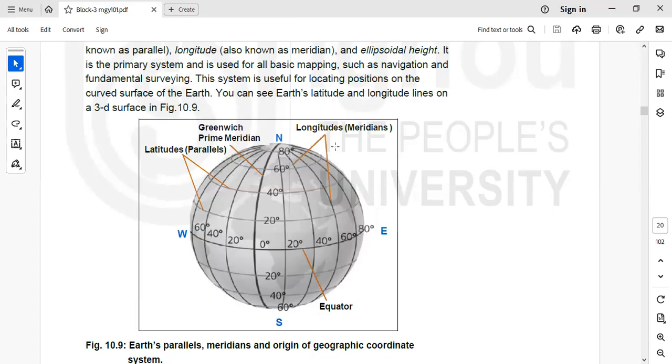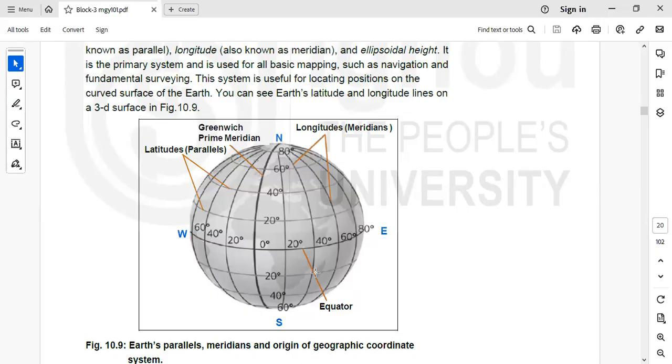And these latitudes and longitudes, which make up the geographical coordinates, are imaginary lines which cover the whole Earth surface. So we have 180-degree total latitude lines. The latitudes are those imaginary lines which run from west to east, and they are parallel to each other.